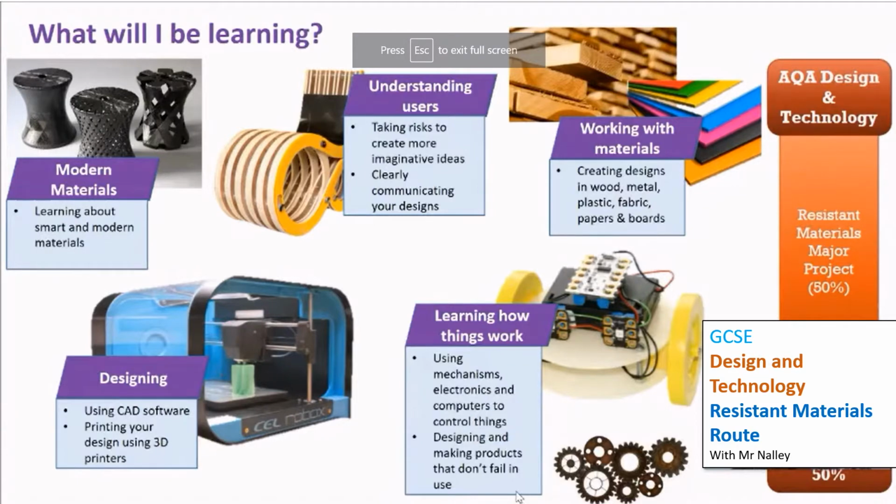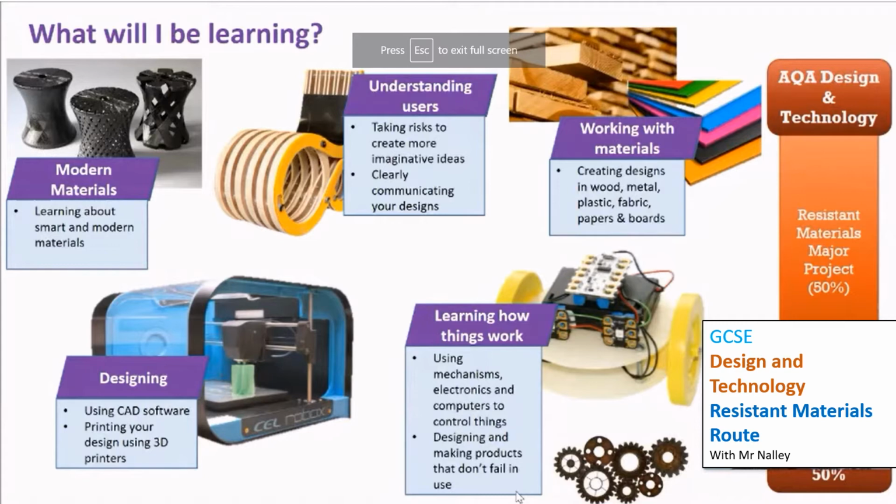While undertaking those three different parts, you'll be learning a range of different areas of resistant materials. Modern materials talks about new and upcoming materials, materials that react to the way something happens, like a stimulus.